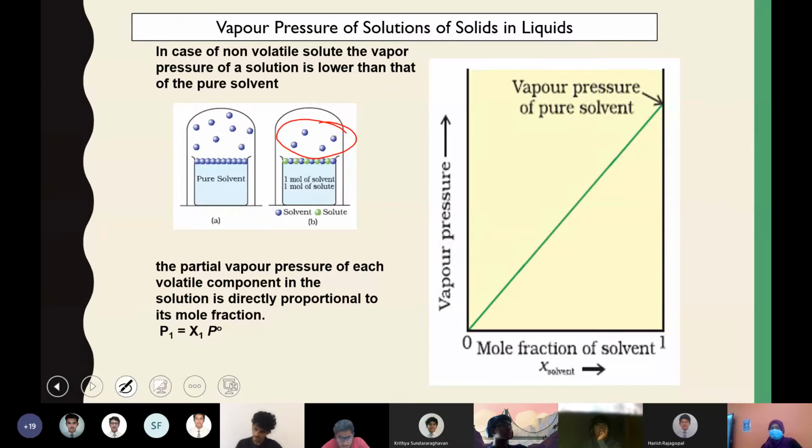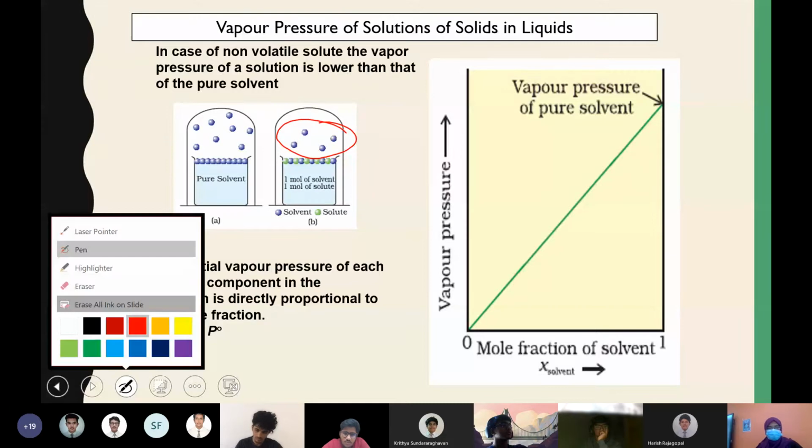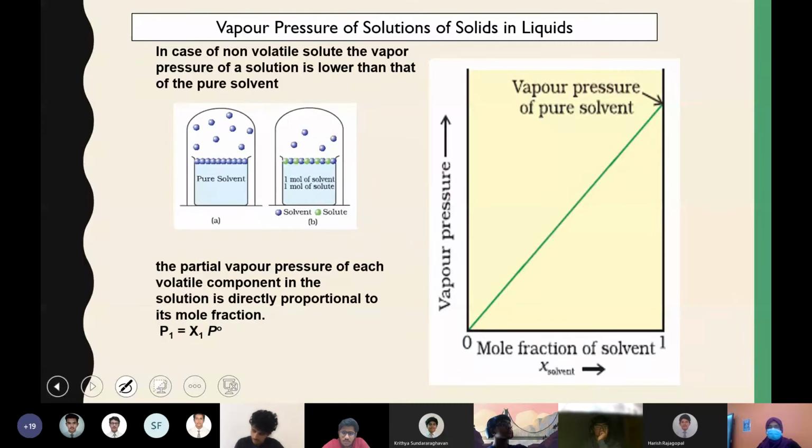The non-volatile substances don't let... Yeah, as you can see in the diagram, it's very clear that the green color is what's shown by the solute, right? Which is non-volatile. It is there on the surface and it is not allowing the vaporization of the solvent to happen normally, like how it was free. So when it is a pure solvent, it can go freely, vaporize, and there will be as many vapors as possible inside the container.